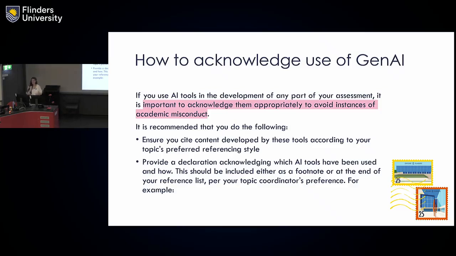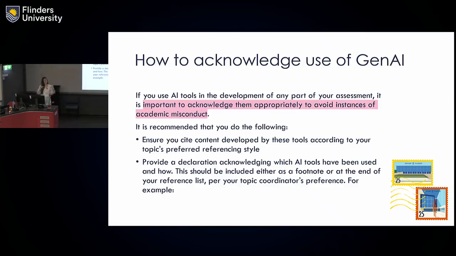But the really important part, and something that's different from ordinary referencing, is that if you have used an AI tool in any part of your assignment, from brainstorming or understanding a topic through to creating content and evaluating content to editing and proofreading, you provide an acknowledgement of how you have used it.